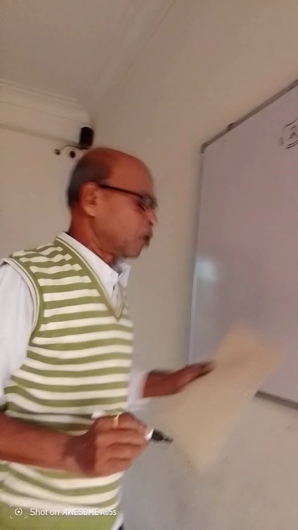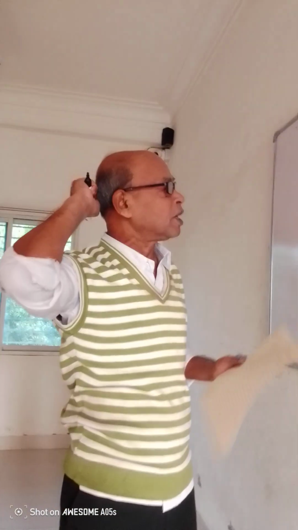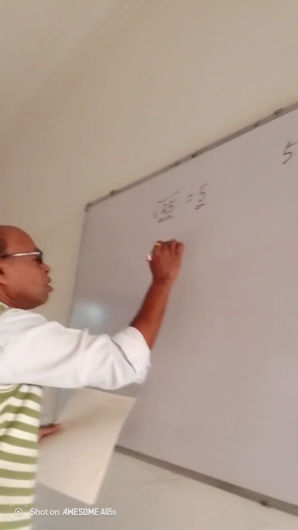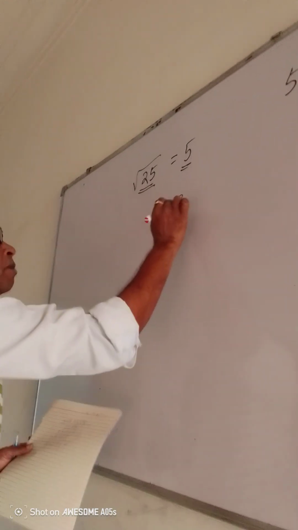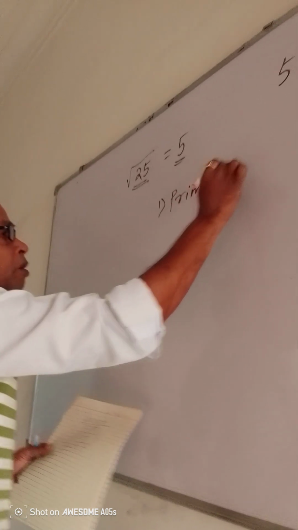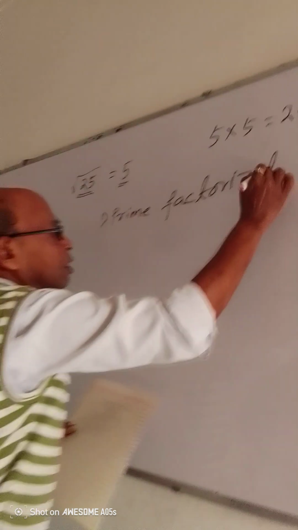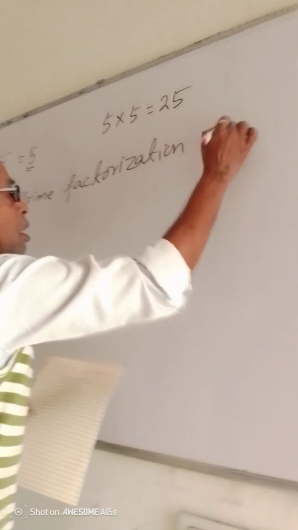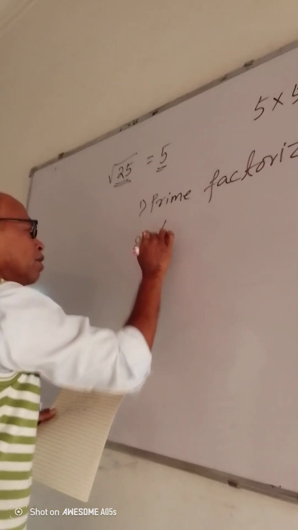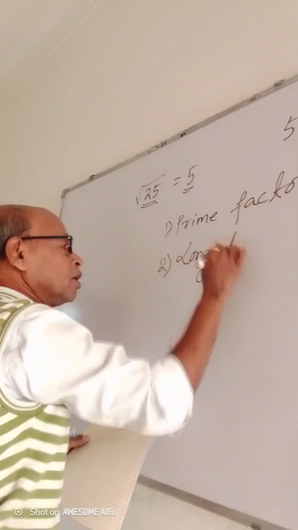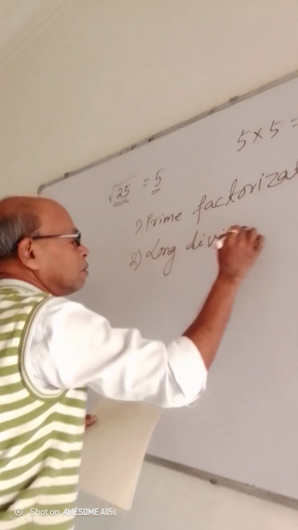Now to find the square root, we have two methods. One is the prime factorization method, and another is the long division method.